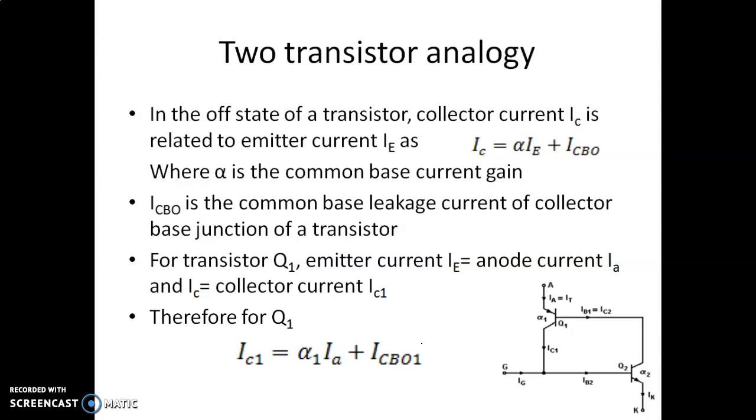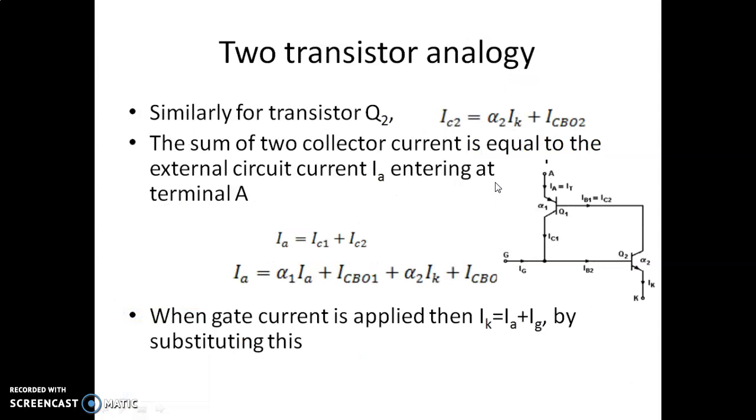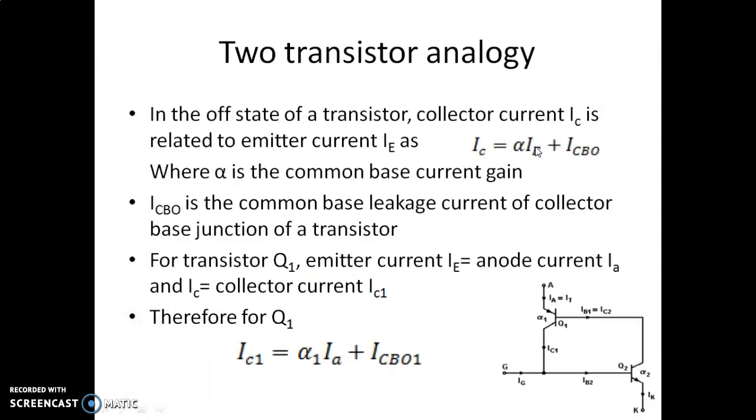In the off state of the transistor, the collector current IC is related to the emitter current IE by the relation IC equal to alpha IE plus ICBO, which we have learned in our previous semesters. Here alpha is the common base current gain, and ICBO is the common base leakage current of the collector-base junction of the transistor.